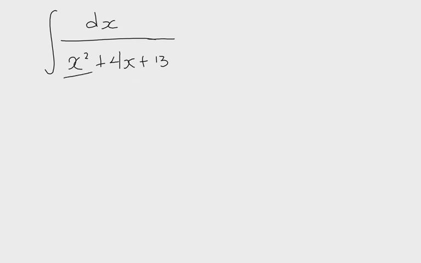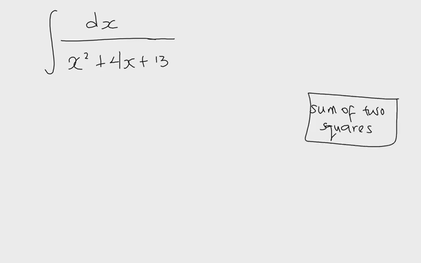What about this? This one is the quadratic expression. So this quadratic expression, write it in the form of a sum of two squares. Okay, so how do we write that?